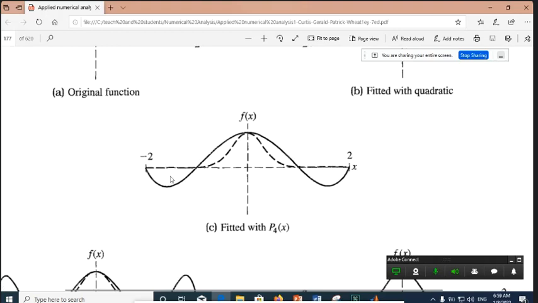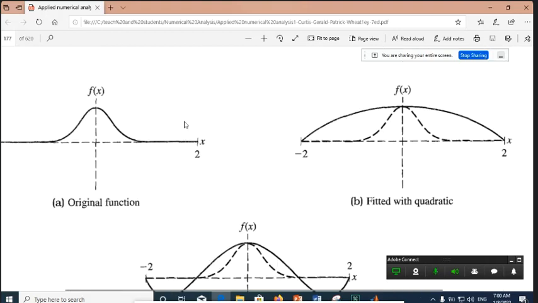Still it isn't a good fit or good interpolation of the original function. This continuous curve is p(x), and the other continuous curve is the original curve of f.